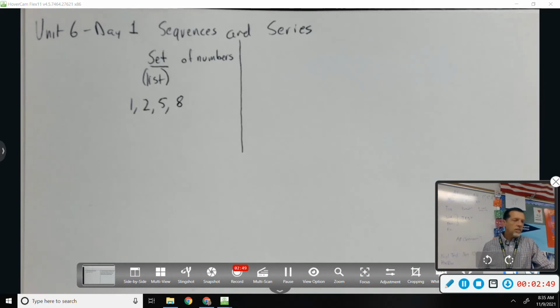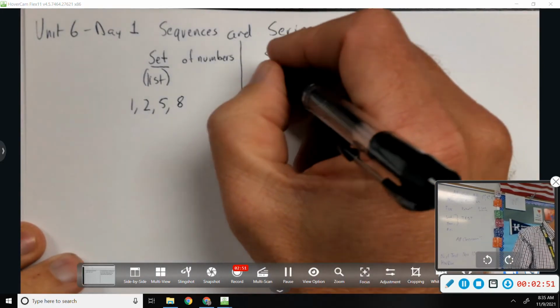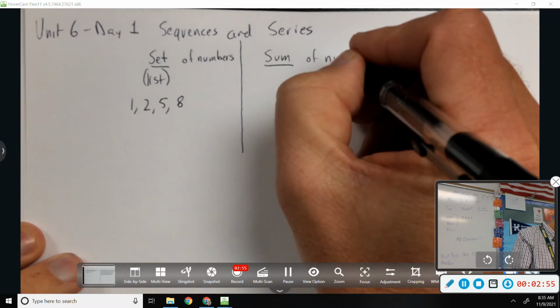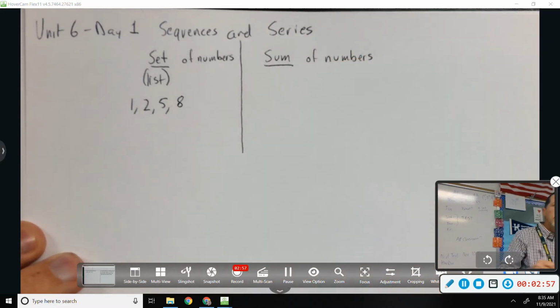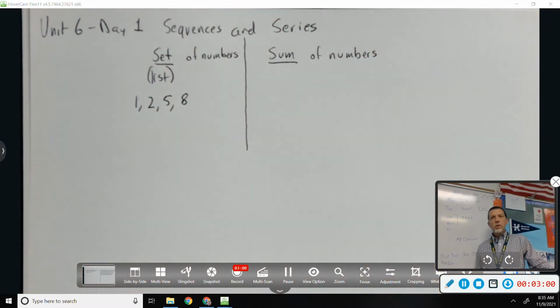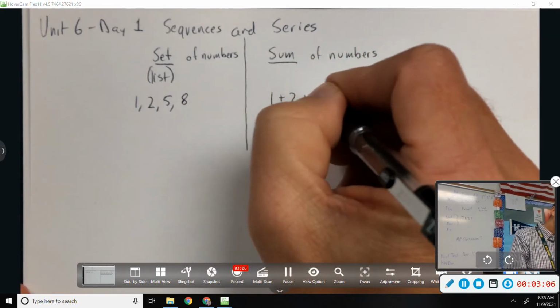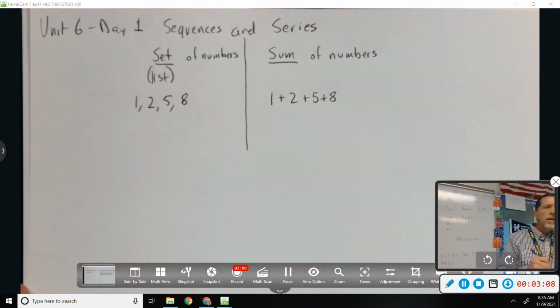A series is a sum of numbers. It might even be the same numbers, but instead of a list of them, we're adding them. So a sequence is a set, a series is a sum.